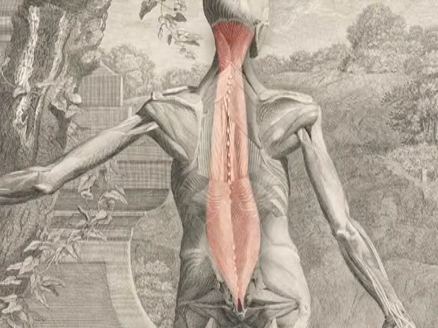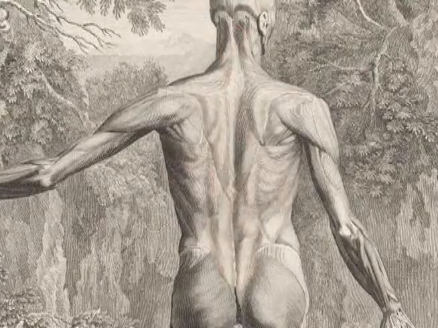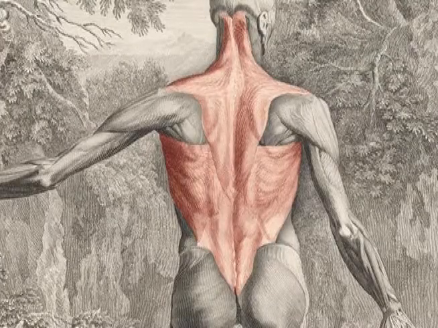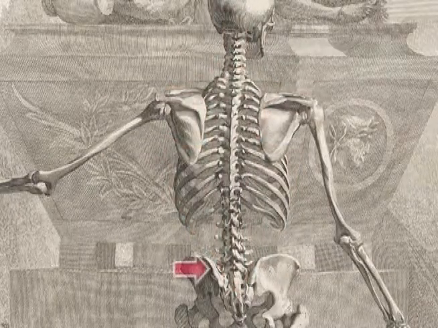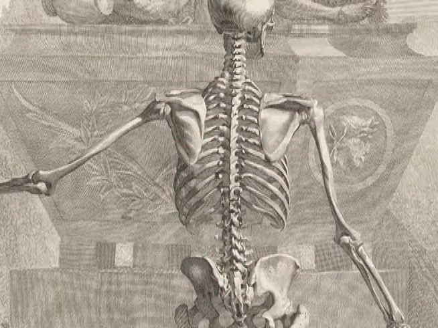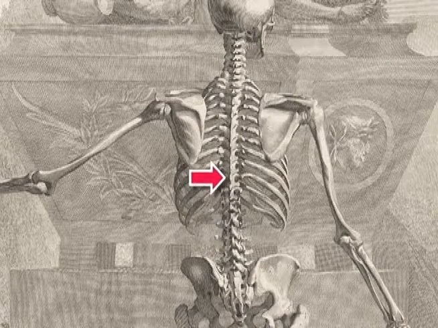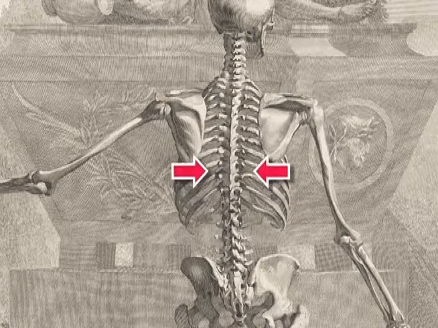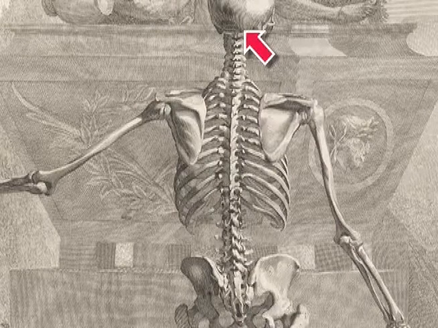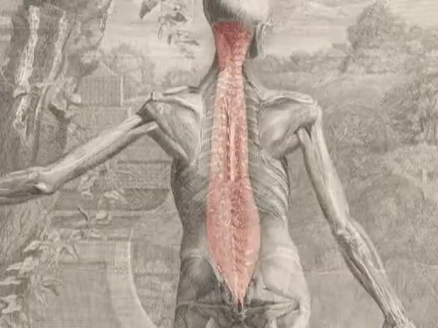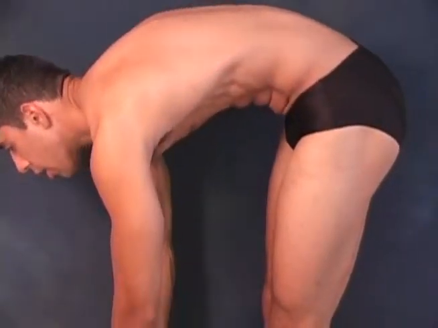On the flayed model, these muscles are hidden under the latissimus dorsi and the trapezius muscles. The erector spinae are anchored to the sacrum, the lumbar and lower thoracic vertebrae, and attached to the back ribs and the occipital bone of the skull. They pull the back up to the vertical.